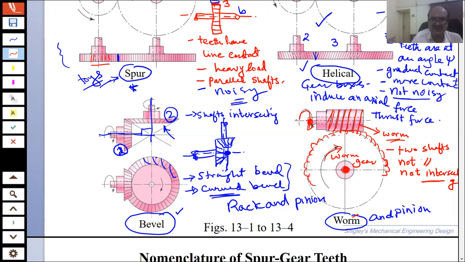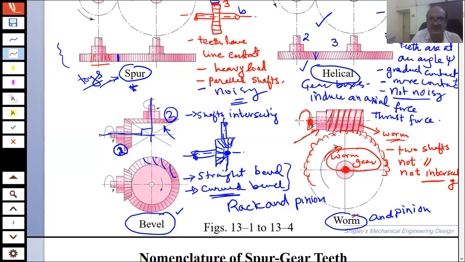It is worth mentioning over here that if you rotate the worm, the gear is going to rotate, but generally if you rotate the worm gear, the worm will not rotate, and there will be a locking over here.